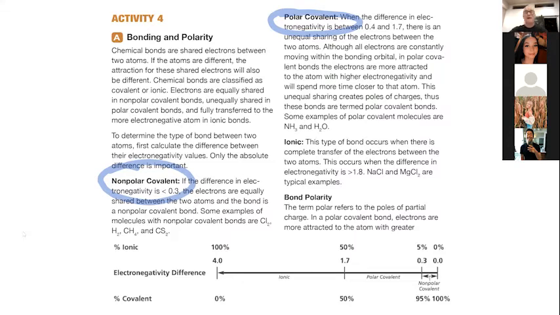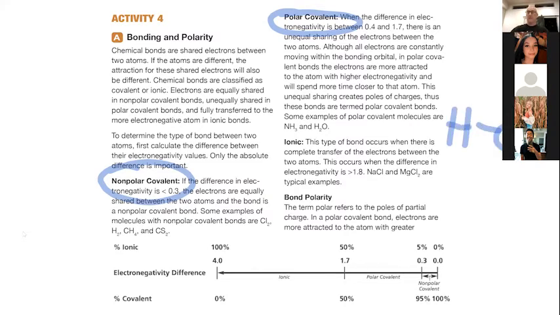That's right. In a nonpolar covalent bond, basically everything's groovy. They're sharing their electrons relatively evenly. And in a polar covalent bond, one of those elements is pulling that electron density toward itself. And when that happens, you get something that looks like this.